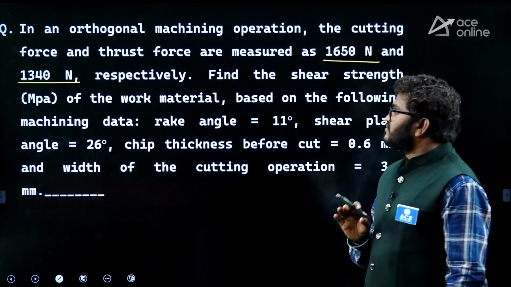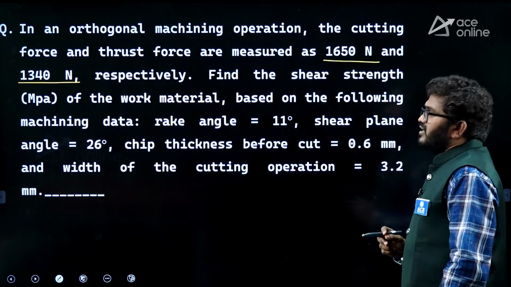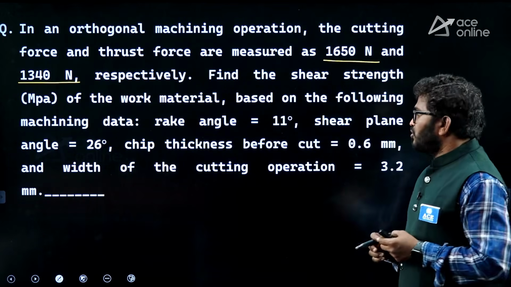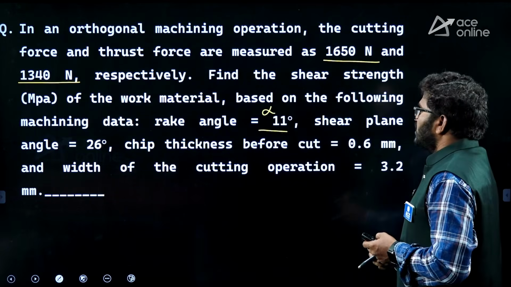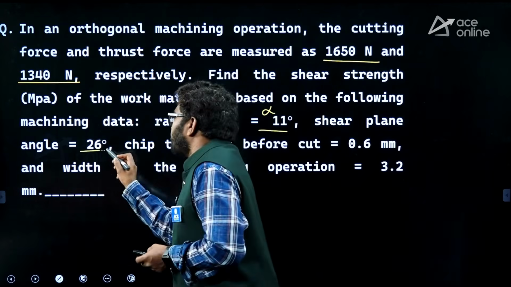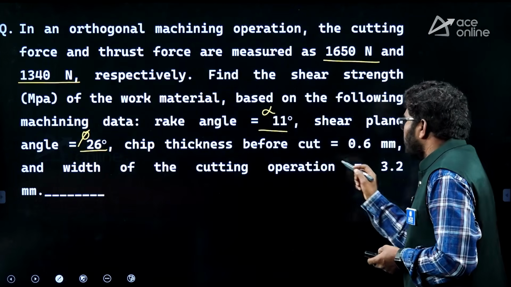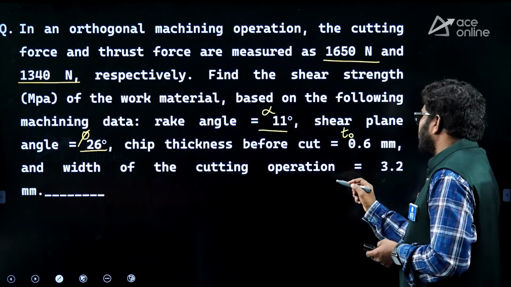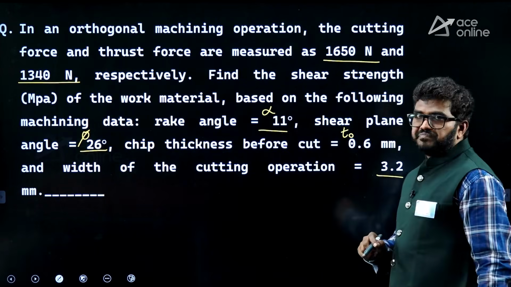Find the shear strength of the work material based on the following machining data. Rake angle alpha is 11 degrees, shear plane angle phi is 26 degrees, chip thickness before cut is 0.6 mm, and width of cut during the cutting operation is 3.2 mm.